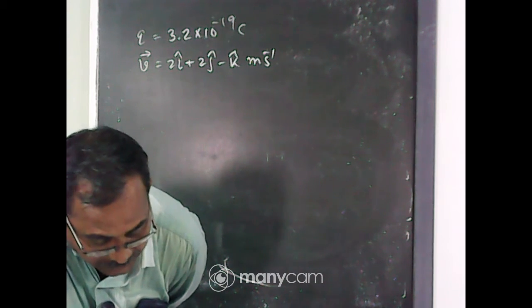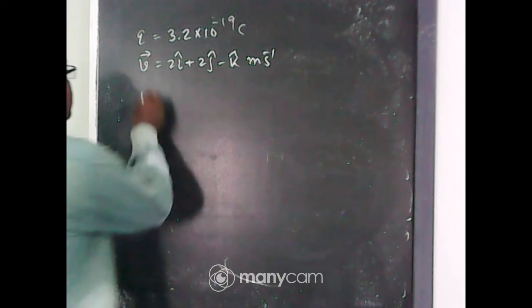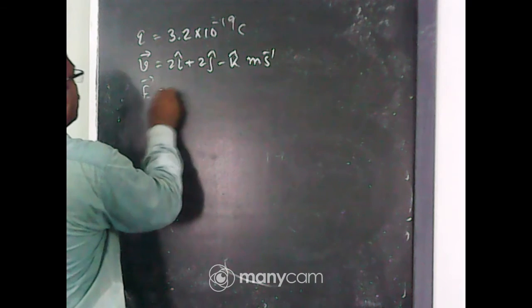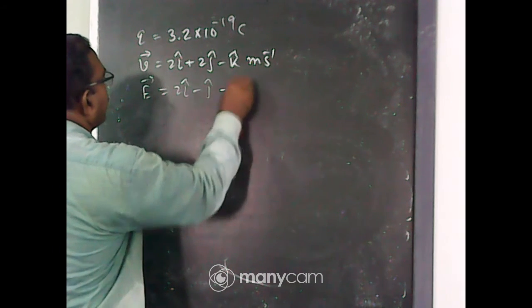The electric field E equal to 2i minus j minus 2k volt per meter.